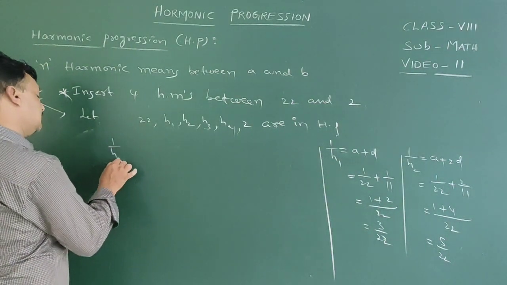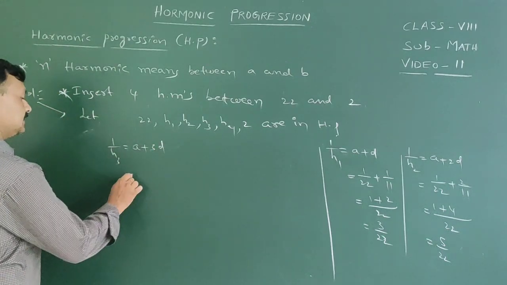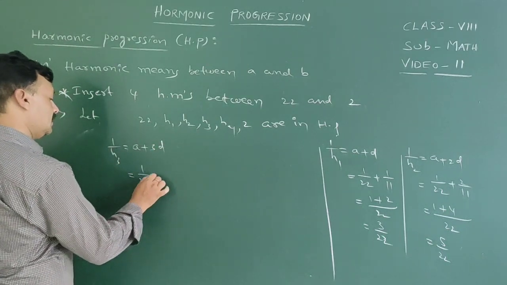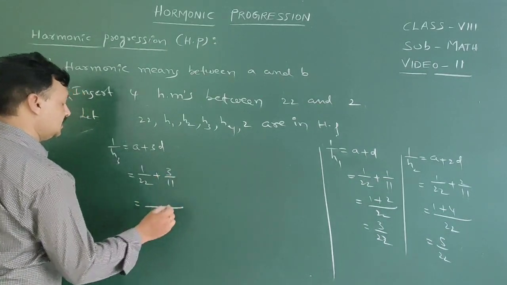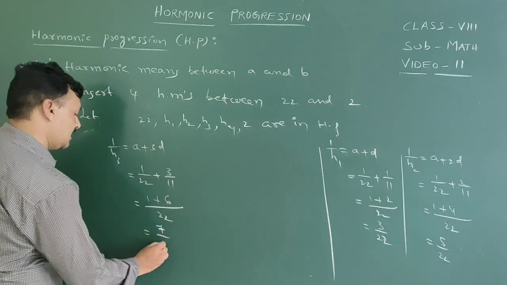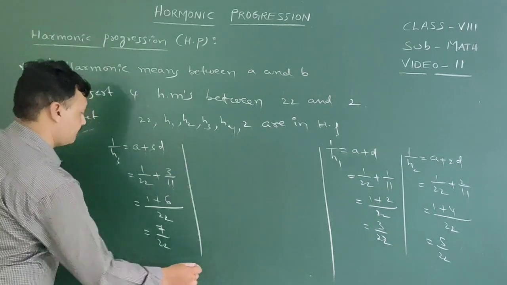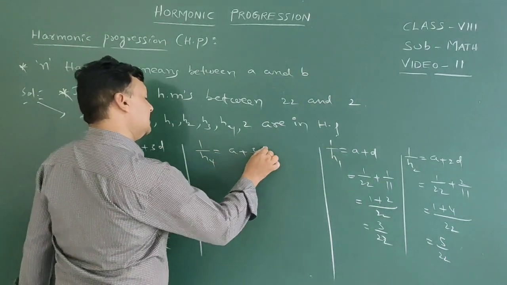Now 1 by H3 equal to A plus 3D. So A means 1 by 22, here 3 by 11. So LCM means 22. So 1 plus 6, 7 by 22. Now 1 by H4 equal to A plus 4D.